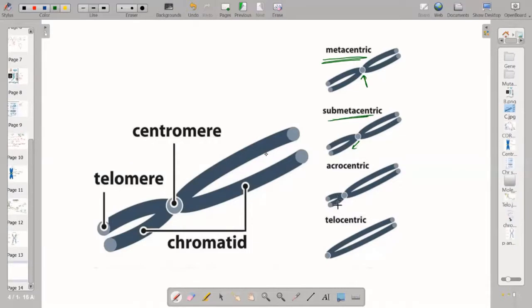More towards the end with very short arms and very long arms, then it is acrocentric. If you see the centromere towards one end without any short arms, then it becomes telocentric. So depending on the arrangement of the centromere, you can have metacentric, submetacentric, acrocentric, and telocentric chromosomes.